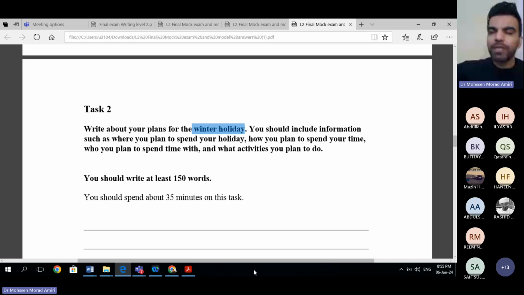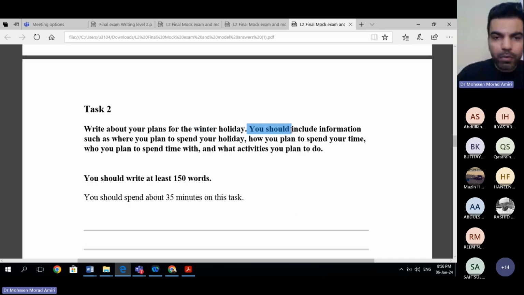You can say that actually my favorite language is Spanish, and it is my dream that I write and speak in Spanish. Or one of my plans is to go to Iran, or to go to Turkey. So these are about future plans.